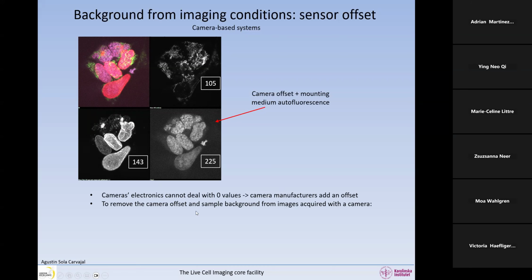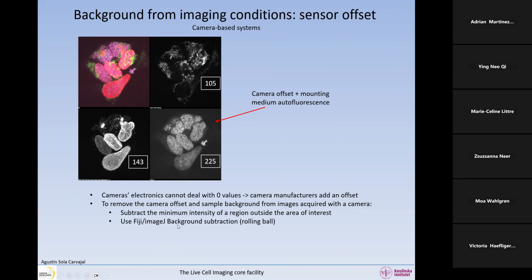So to remove the camera offset and sample background from the images, if you have an image like this, where you have a mixture of camera offset and sample background, what you can do is subtract the minimum intensity. So you can define an area here, look at the minimum intensity and subtract it from all the image. So after acquisition, that can be fixed.